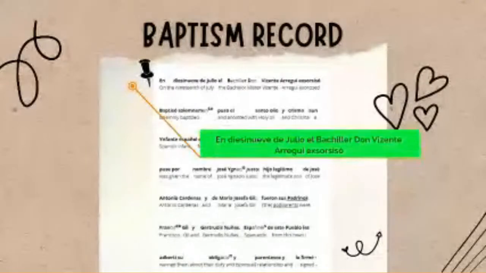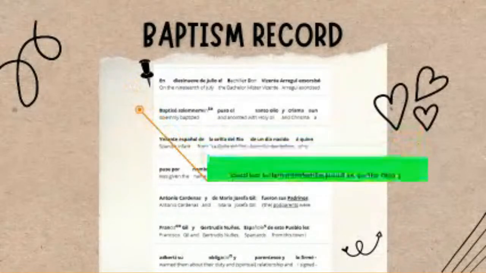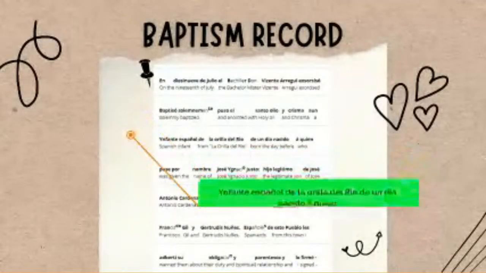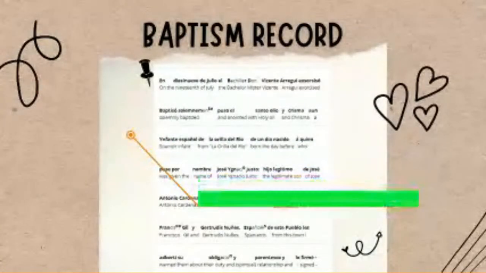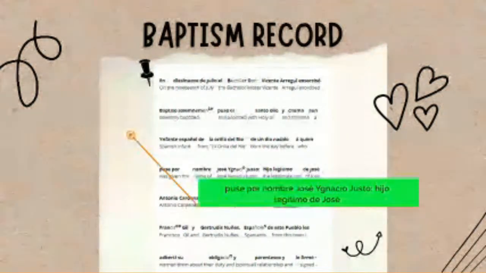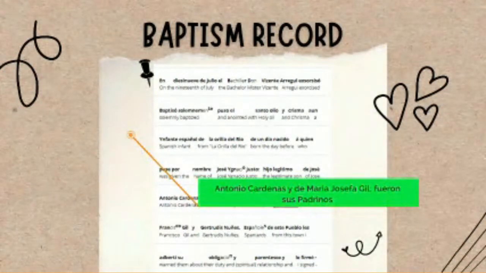On the 19th of July, I, the bachelor, Mr. Vicente Arregui, exorcised, solemnly baptized, and anointed with holy oil and chrisma, a Spanish infant from La Orilla del Rio, born the day before, who was given the name of Jose Ignacio Justo, the legitimate son of Jose Antonio Cardenas and Maria Josefa Gil.